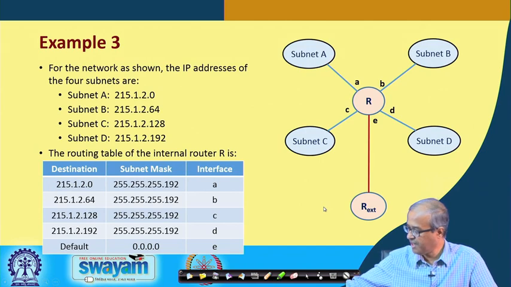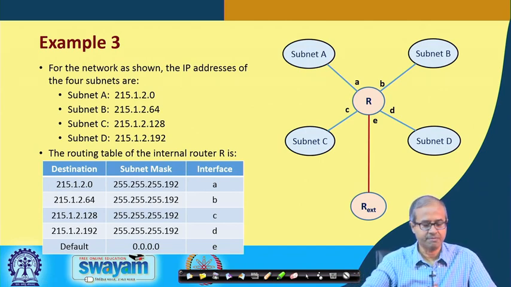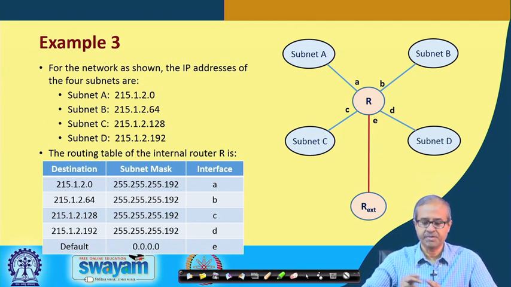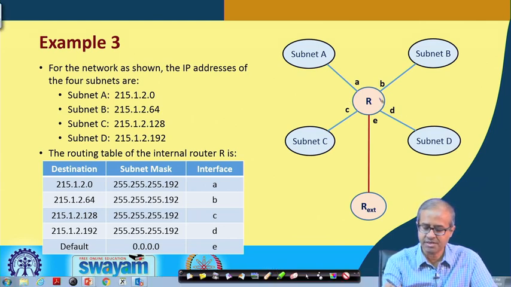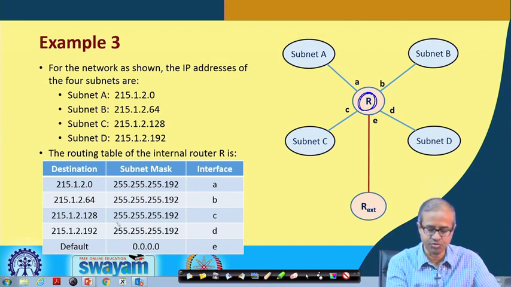Now, let us look at a third example, where here we are using subnets, subnetworks. Pictorially, the network configuration looks like in the diagram as shown here. This is the router we are interested in. The routing table that we are showing here is the routing table of this router.